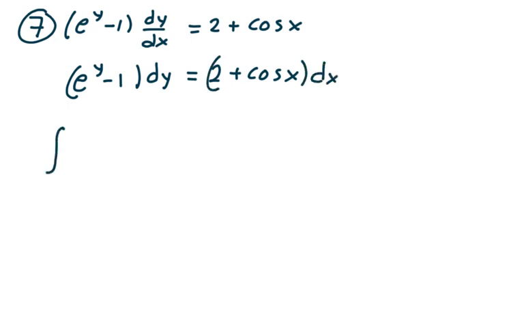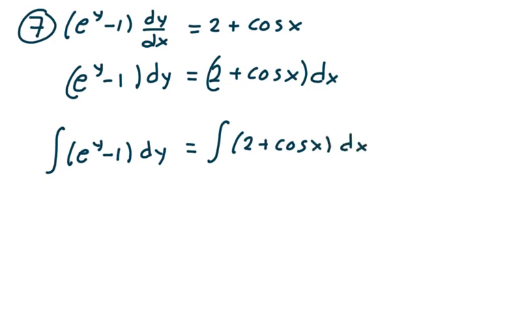Integrate both sides. So the integral of e to the y minus 1 dy is the same as the integral of 2 plus cosine x dx. Well, we're basically done.